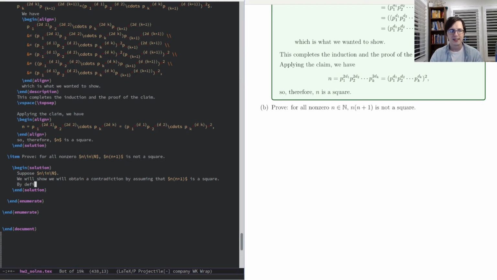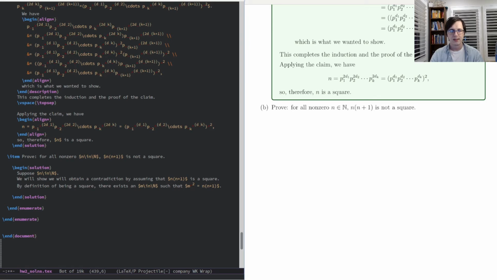So by definition of being a square, there exists an m in the naturals such that m squared equals n times n plus 1.